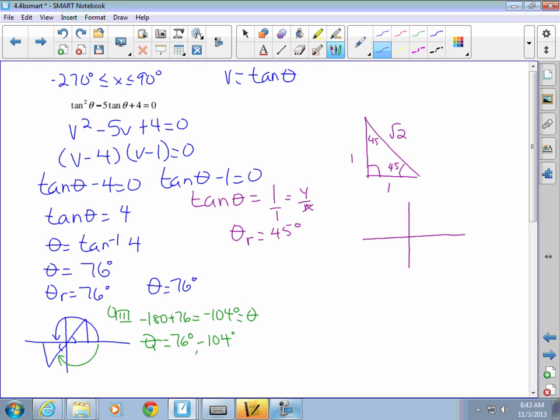If I draw this tangent again, it's positive in quadrant 1 and positive in quadrant 3. In quadrant 1, that 45 degrees would work. In quadrant 3, I can't go in that direction because that would put me more than 90 degrees, but I can go in this direction. So in quadrant 3, it's going to be negative 180 plus 45, which equals negative 135 degrees.